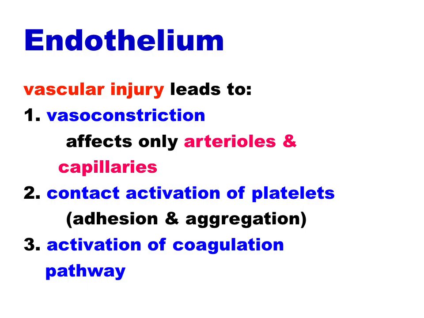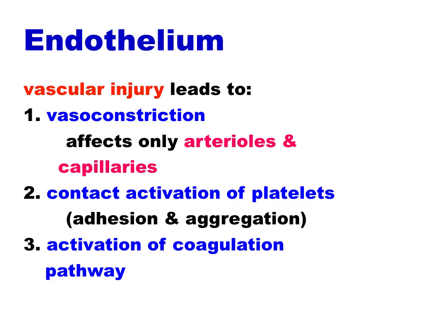So if there is vascular injury, the first thing that would happen is vasoconstriction. This usually affects only the arterioles and the capillaries, the smaller blood vessels. After which there's going to be contact activation of platelets, wherein platelets will be adhering to the wall of the blood vessel.